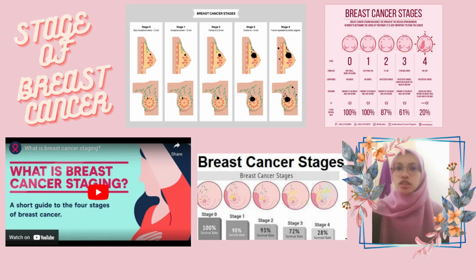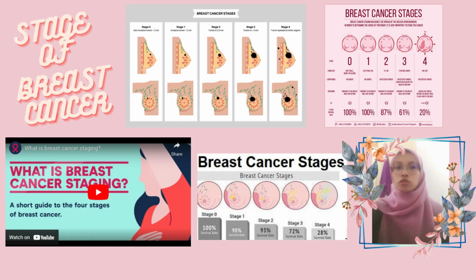This stage of breast cancer is characterized by the presence of cancerous cells in the breast tissue, lymph nodes in the armpit, or in nearby structures such as the chest wall or skin. Locally advanced breast cancer is typically considered a more advanced stage than early-stage breast cancer and may require a more aggressive treatment approach, including a combination of surgery, chemotherapy, radiation therapy, hormone therapy, or targeted therapy.